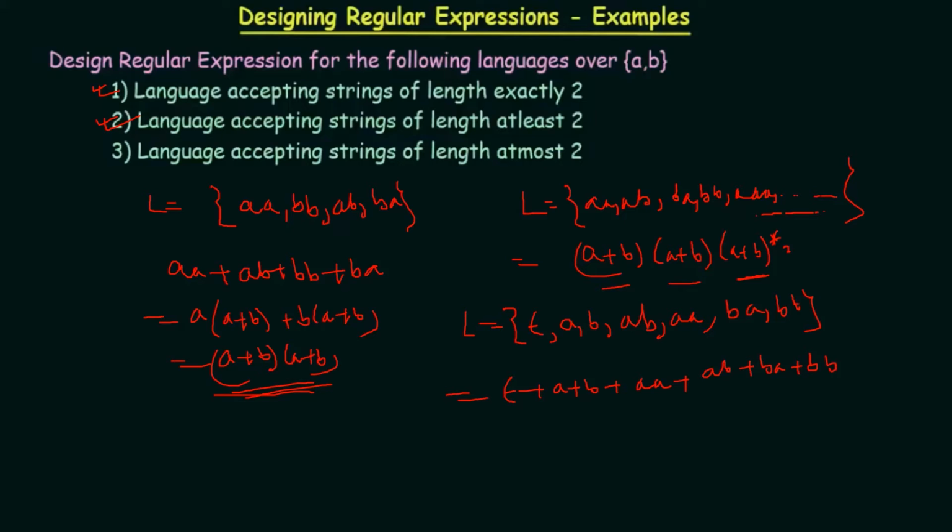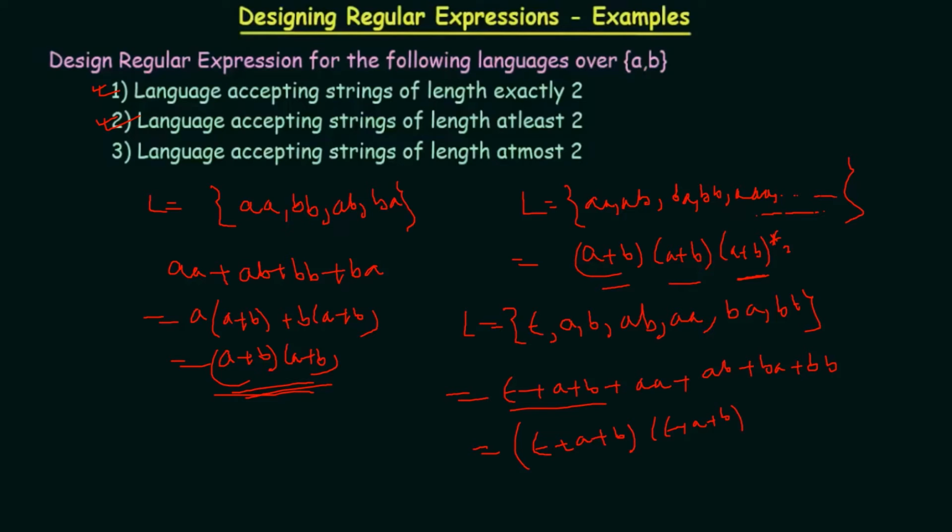If you see, this first one is actually the important one. The rest of it you can find in exactly similar sequence of this one. So I can write this as epsilon plus A plus B, into epsilon plus A plus B.